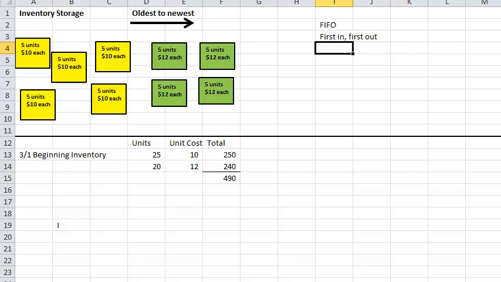So basically what FIFO means is that we assume that the oldest units are sold first. Now, this is important. It doesn't really matter what happens in real life. Just under this FIFO assumption, we're going to assume that whatever the oldest units we have on hand are going to be sold first.